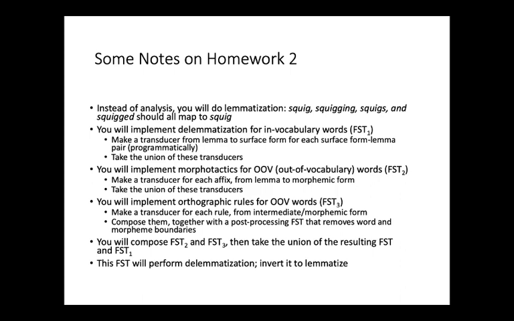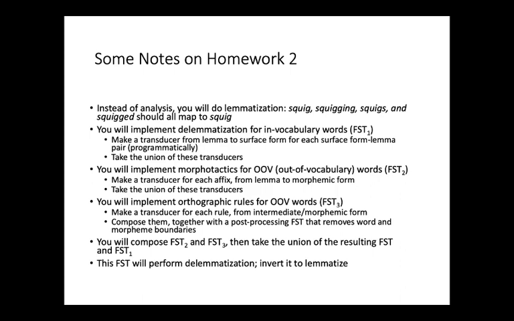Instead of doing analysis, where you give all of the properties of a word, the lemma and the properties, that would be analysis. You're just going to give the lemma. So given the inflected form of the word, you're going to give us the lemma. And given the lemma, you're going to give us all of the inflected forms of the word.